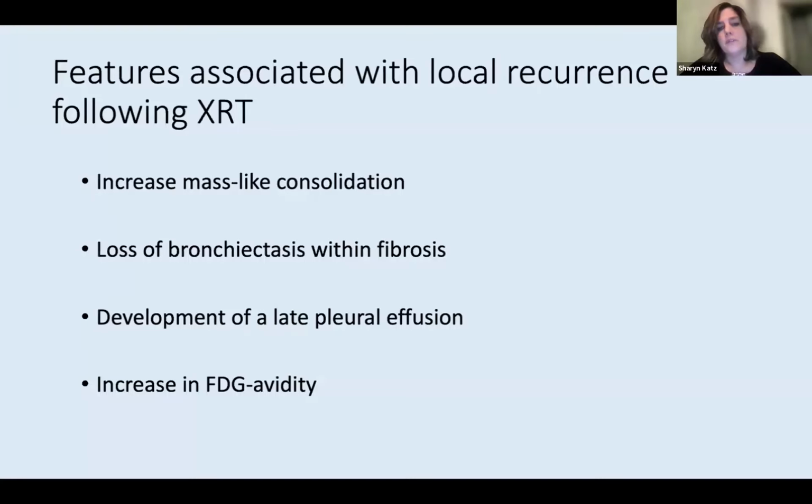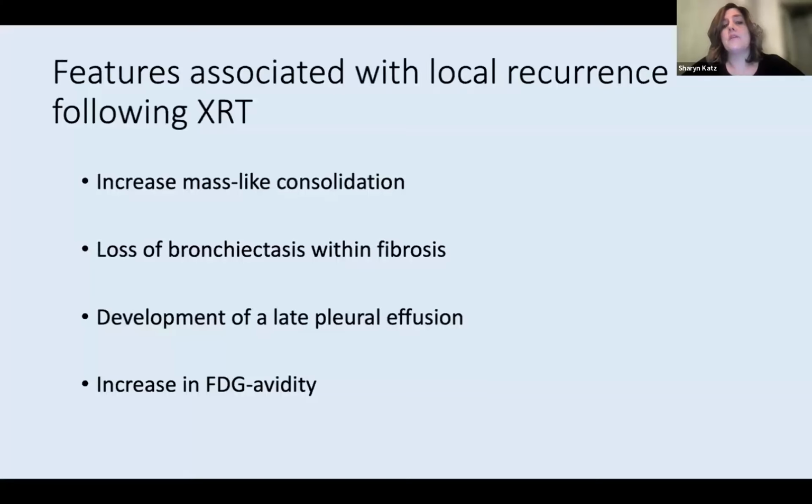Beyond a year, if you get a new pleural effusion, certainly there are other comorbidities that can cause that, but it should be a red flag that you may be dealing with recurrent disease. And then increased FDG avidity. You can have inflammatory changes in the early months following radiation, and that's not a good time to be assessing the metabolic activity of your tumor.